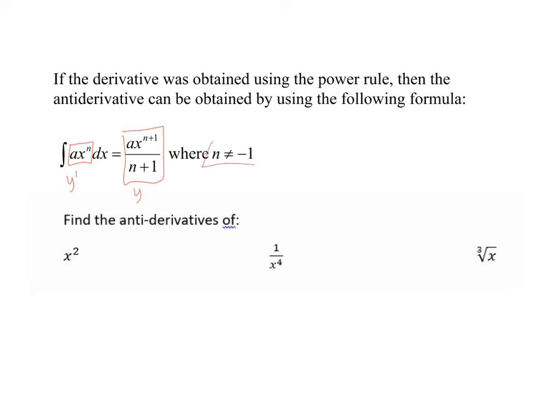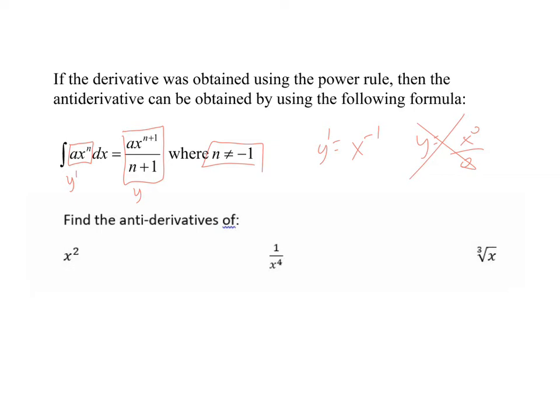A key thing is n cannot equal negative 1, because if I gave you that as your starting equation and we raise the power, it would go to a 0, and then we'd have to divide by 0. And we can't divide by 0. So this power rule works for every exponent except for negative 1.